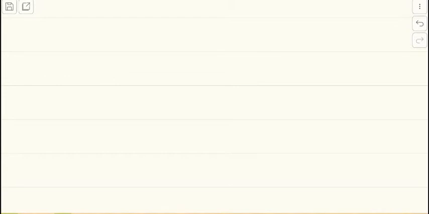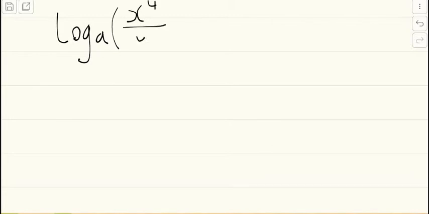So let's take log to the base a of x to the 4 over y squared. Let's just make that too clear. There we go. Okay, so this one is a division, as we can see, so we're going to use the division law.